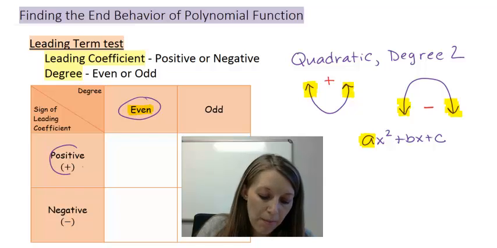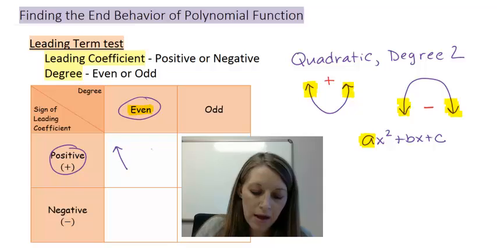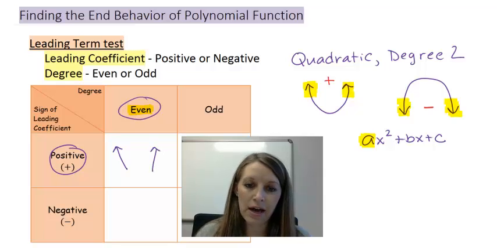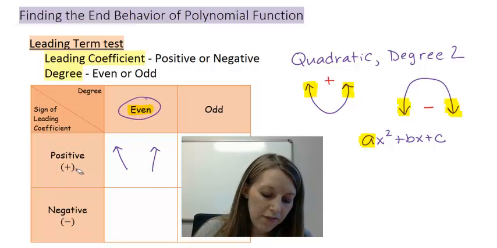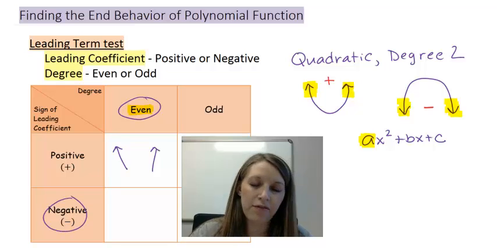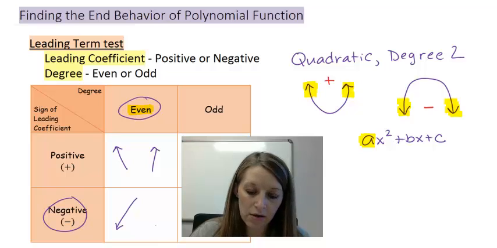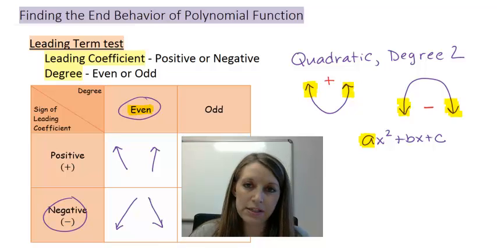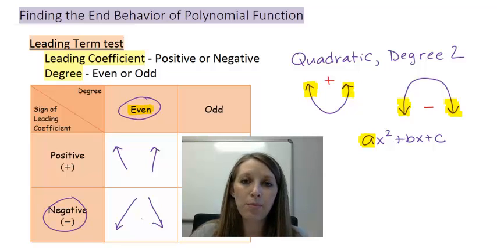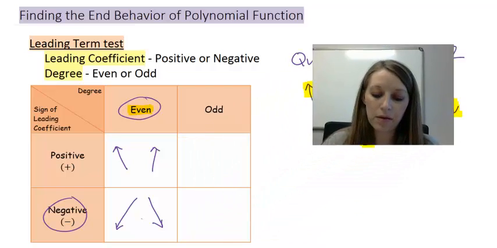So if I have a positive even, my left end behavior is up, and my right end behavior is up. If I have a negative even polynomial, my left end behavior is down, and my right end behavior is down. So even end behaviors always go the same direction, both up if it's positive and both down if it's negative.